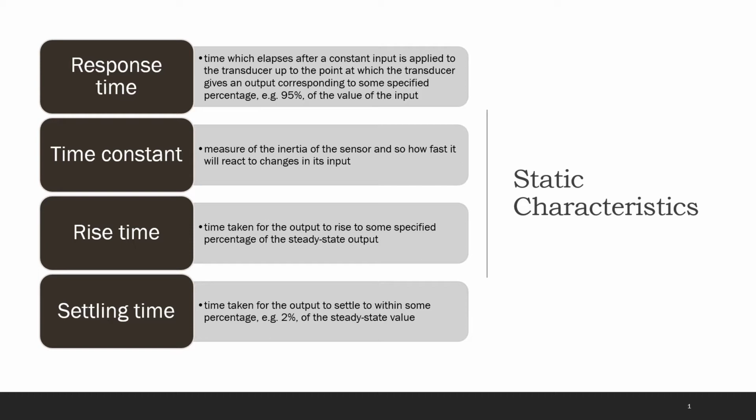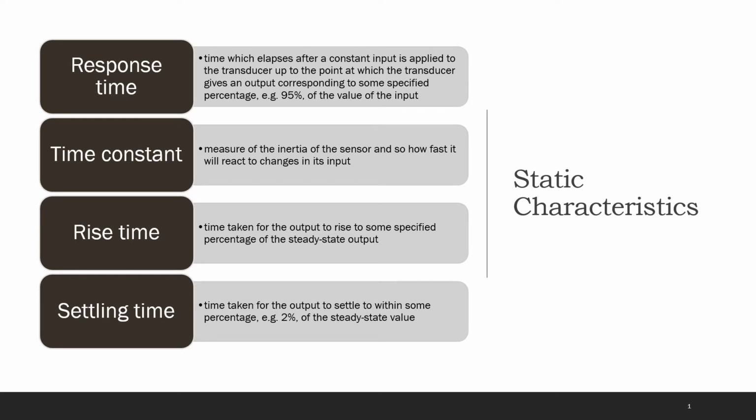Once again, the static characteristics are the values given when the output from the transducer has settled down and is stable. If we consider a step input, which is a signal which varies from 0 to a constant value initially and then remains constant at that value, the transducer will give a fluctuating output initially, and then it settles down to a stable output.